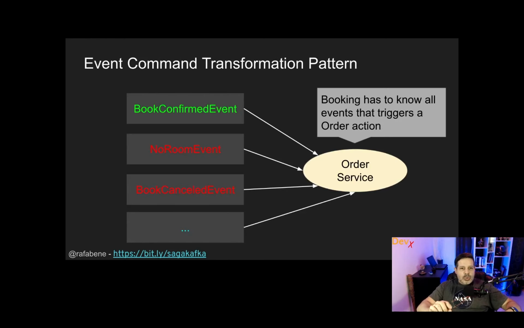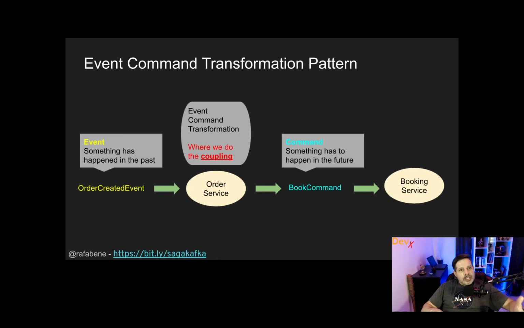Plus, we now need to understand event to command transformation. Because if you have paid attention, the order service listens for the book confirmed event so it can confirm the order, the no room event to call the compensation transaction, or the book canceled event to call the compensation transaction, and so on. So booking has to know a lot of events that trigger an order action.